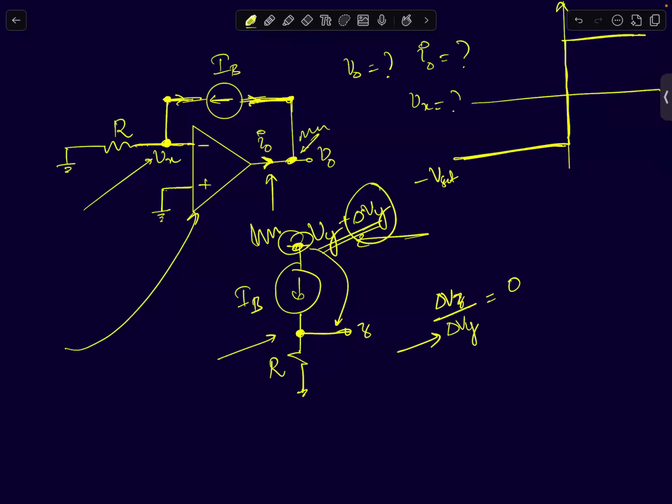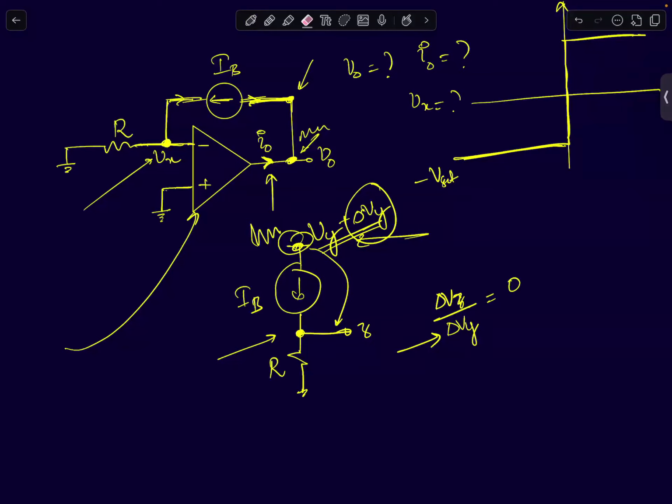But because it's a current source, no matter what you do to this node voltage, it is always going to supply a constant current, and that's not changing. Therefore, the circuit is not in negative feedback. It is being fed back to the node, but the loop gain is 0. The current is not changing at all.